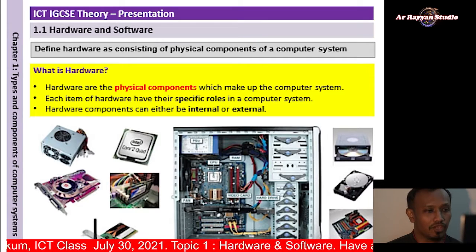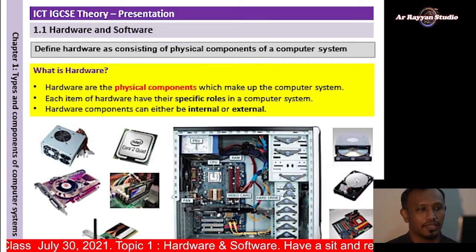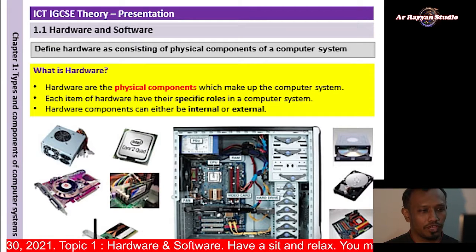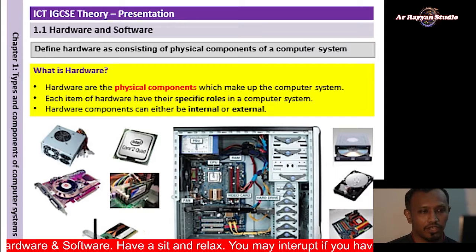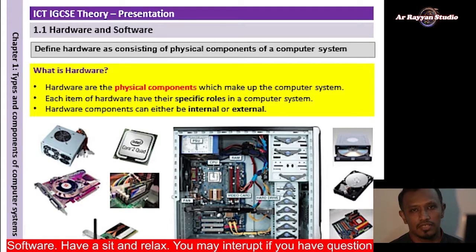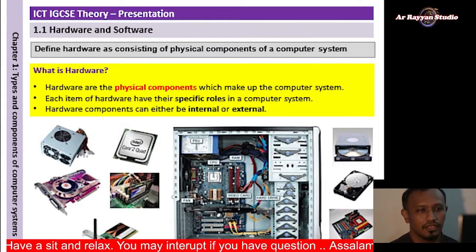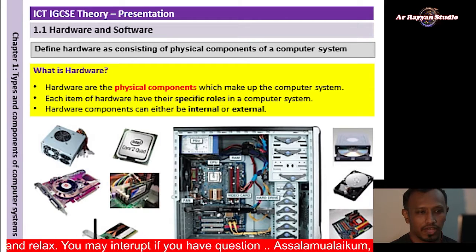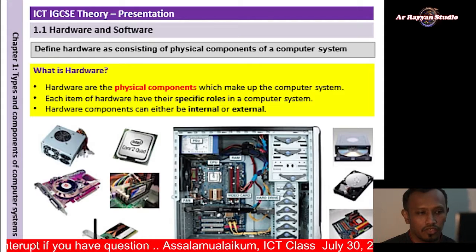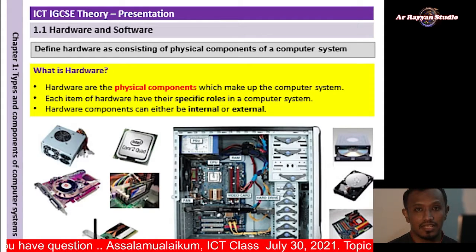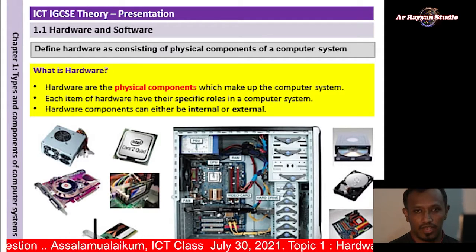We have the power supply, CPU, graphic card, RAM, NIC, and then the set of PCs, and we have the optical drive, storage, and motherboard. All of these we call internal hardware devices.